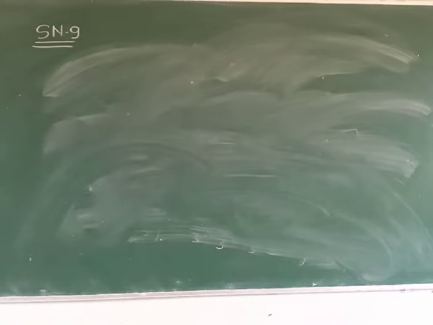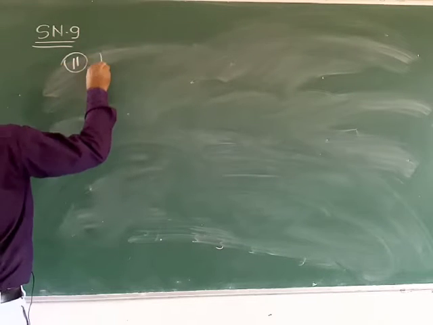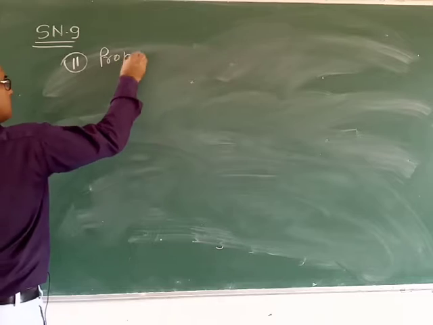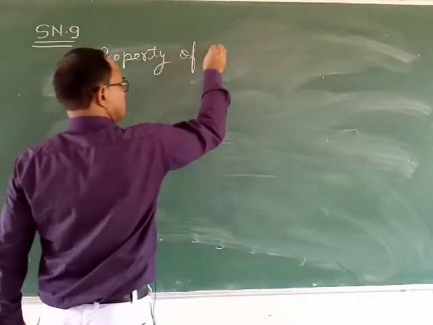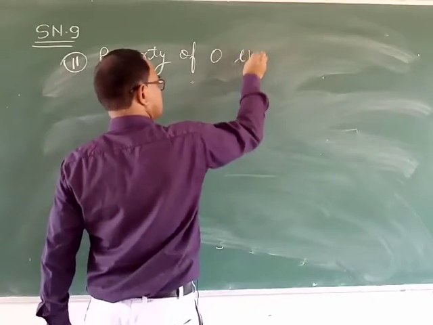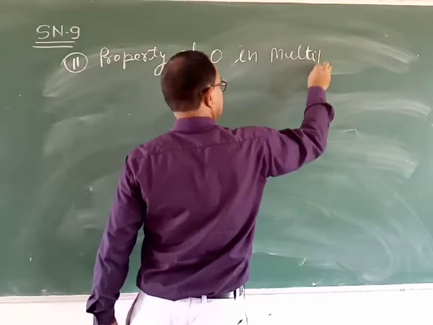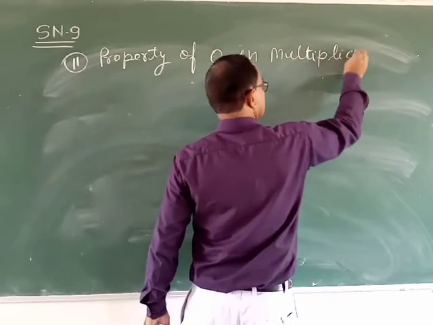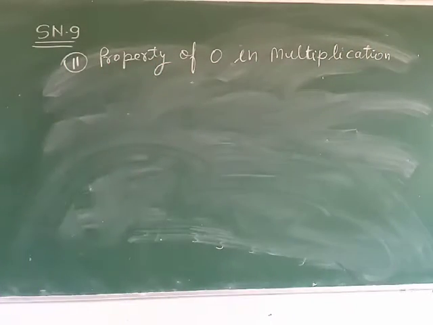Okay, student. After this, the property of rational numbers. Second case, property of 0 in multiplication.